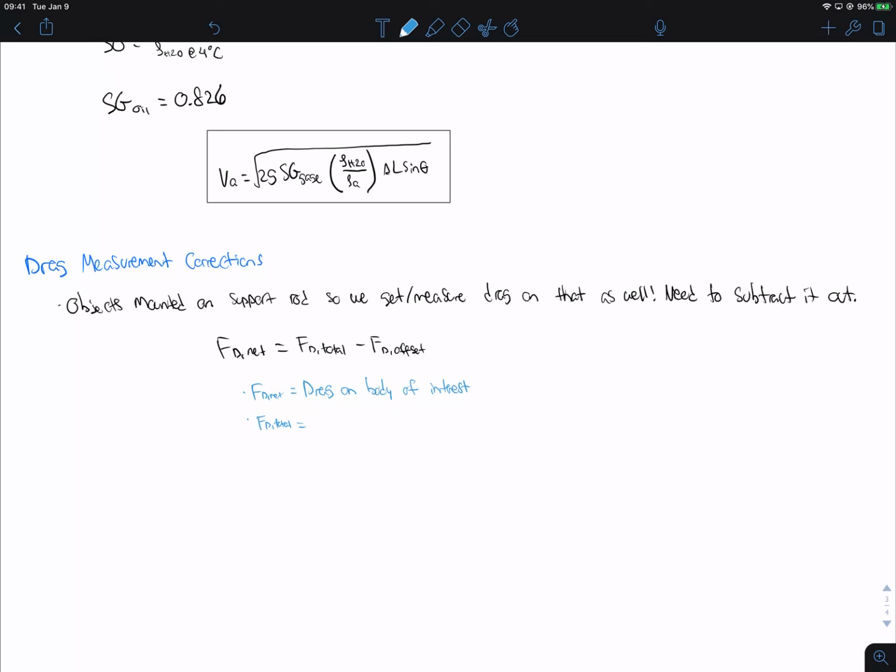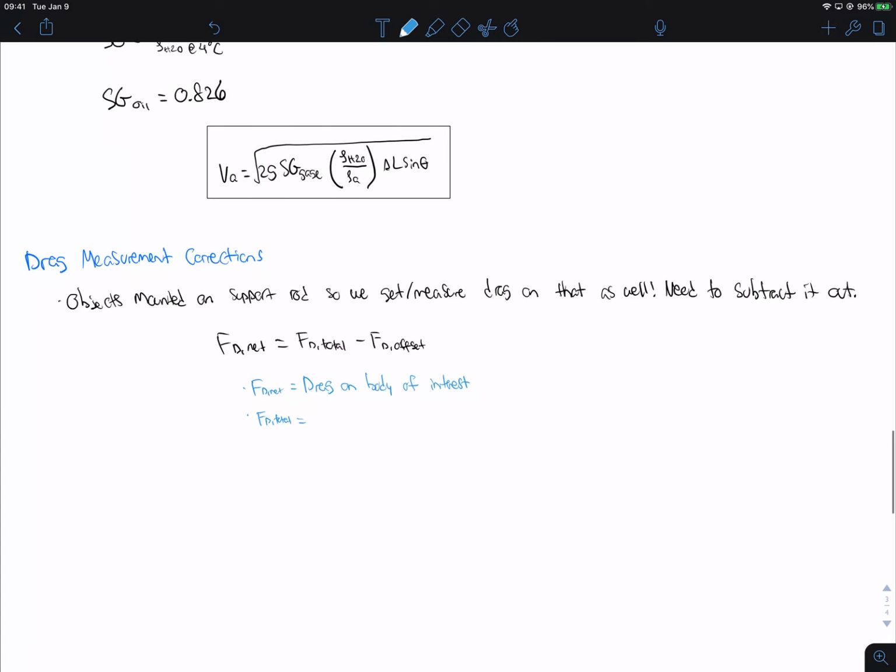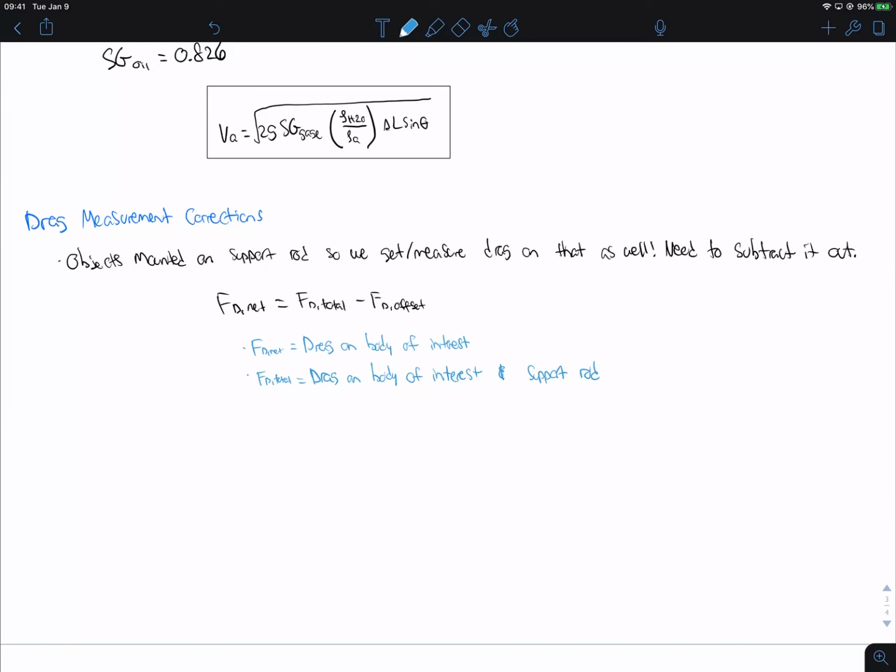The total drag force is the drag on the body of interest and the support rod. And the offset drag force is just the drag on the support rod. So we can find just the drag on our specific body of interest, whether that's an airfoil or the small little fighter jet model.